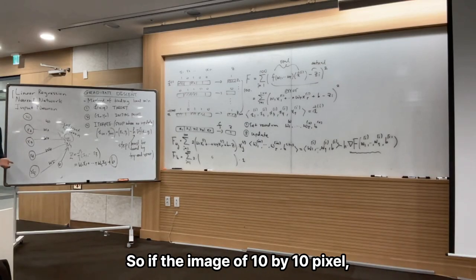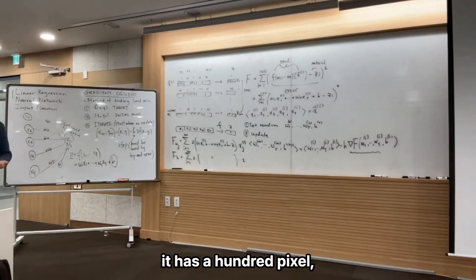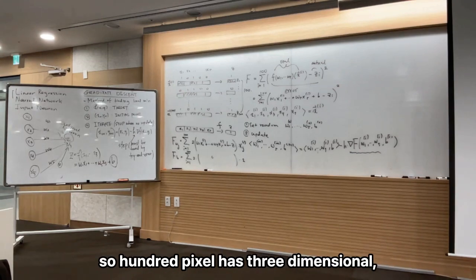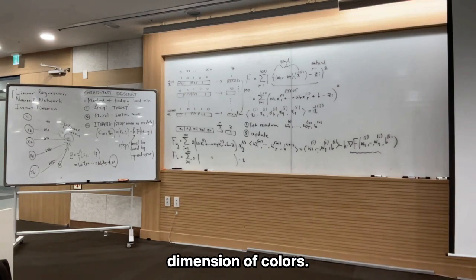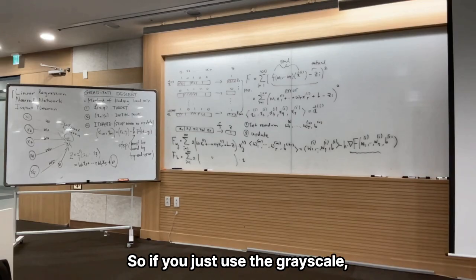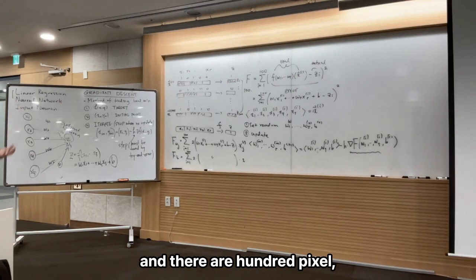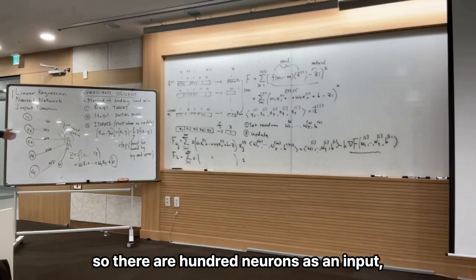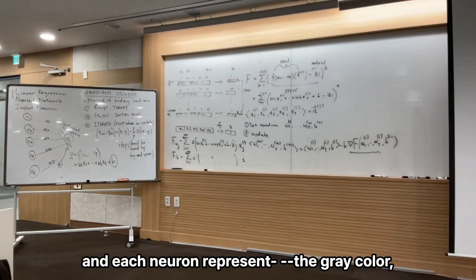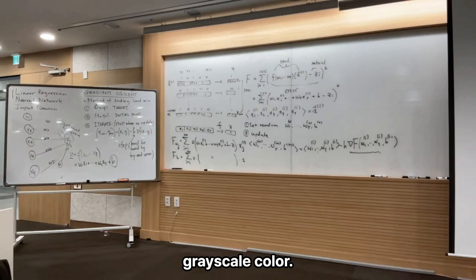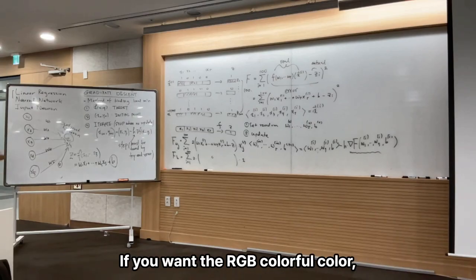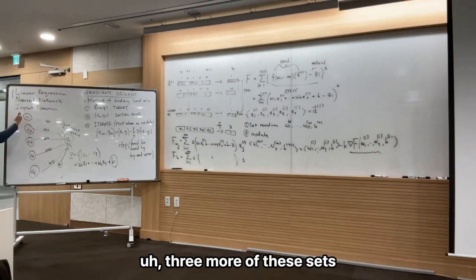So if it's an image of 10 by 10 pixels, it has 100 pixels. Each pixel has 3 dimensions of color. If you just use grayscale, then it's just 1 dimension, and there are 100 pixels. So there are 100 neurons as input, and each neuron represents the grayscale color. If you want RGB color, then you need 3 sets of these.